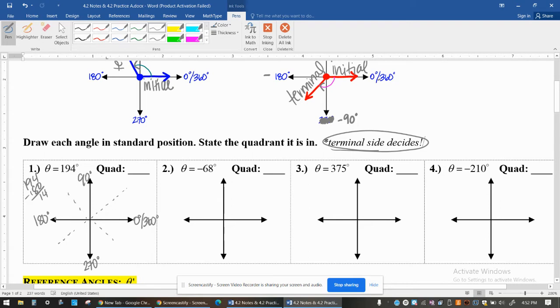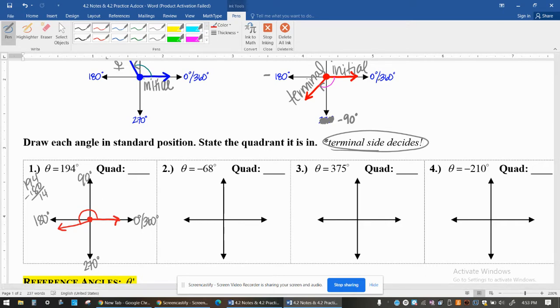I don't want to go too much past the 180, because halfway between 180 and 270 would be 45 degrees in. So you want to draw it a little bit closer to the 180 mark. First you put your vertex, then your initial side, and then you rotate down and around, but not too far. I feel like that's still too far. You don't want to go too far past the 180 mark.